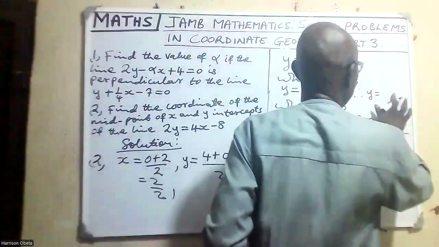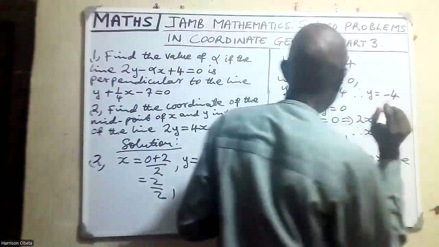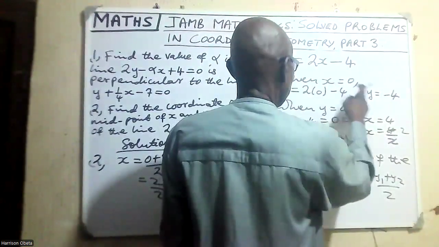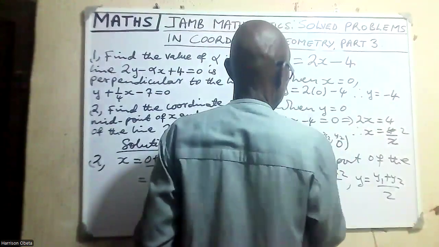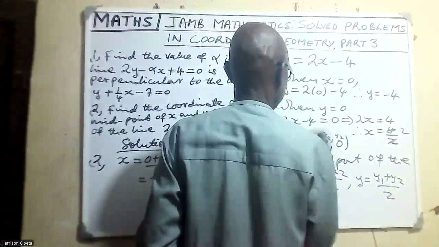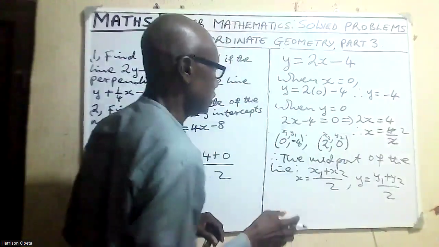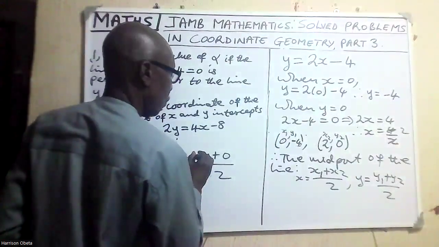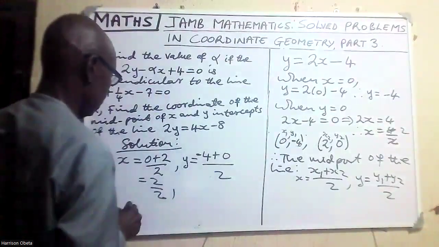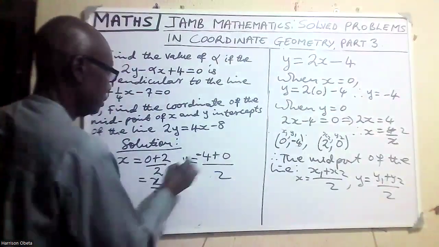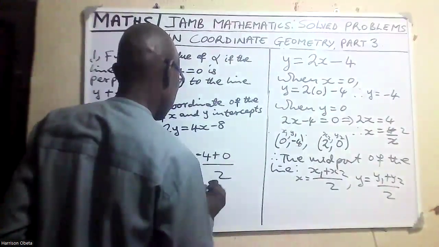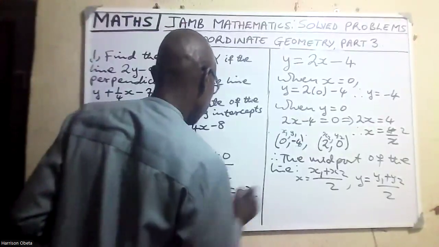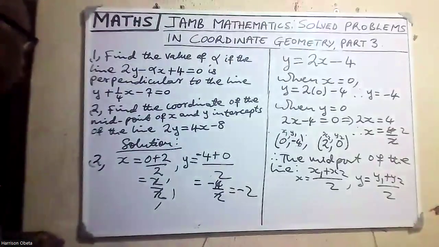Sorry, this should be minus 4, please. When x is 0, y is minus 4. I've corrected it. So coming back, we have minus 4 plus 0 over 2. So x is 1, and then this will give us minus 4 over 2. And when you divide, you have minus 2.